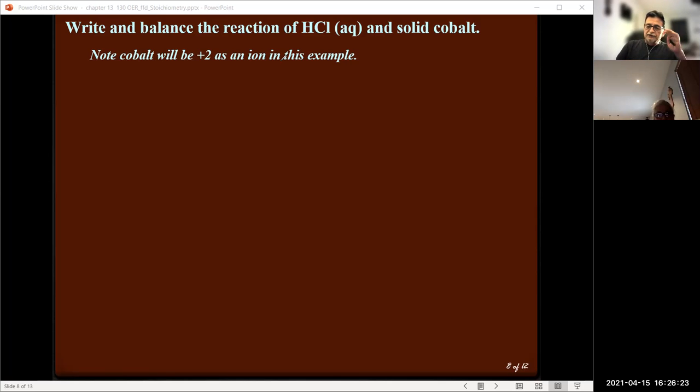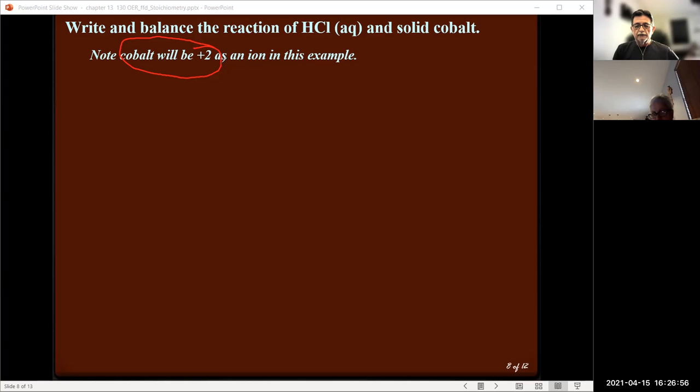All right. So let's write down what we do know, because we're given the reaction. They're telling you something else here: cobalt will be in the +2 oxidation state as an ion.